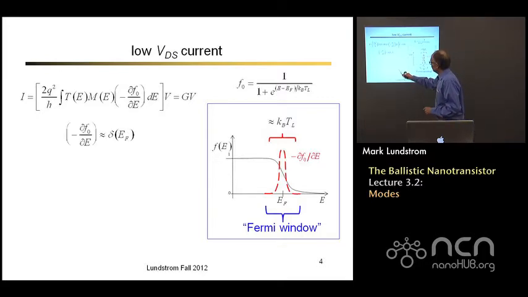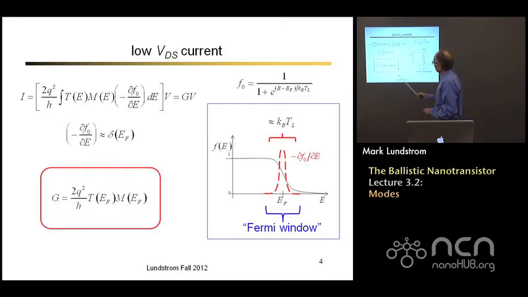Now, if I look at lower temperatures, then I can make a very simple approximation. This looks like a delta function. In fact, it has an area of 1, so it has all the properties of a delta function. That makes this integral easy to do. It's just a delta function peaked at the Fermi energy.